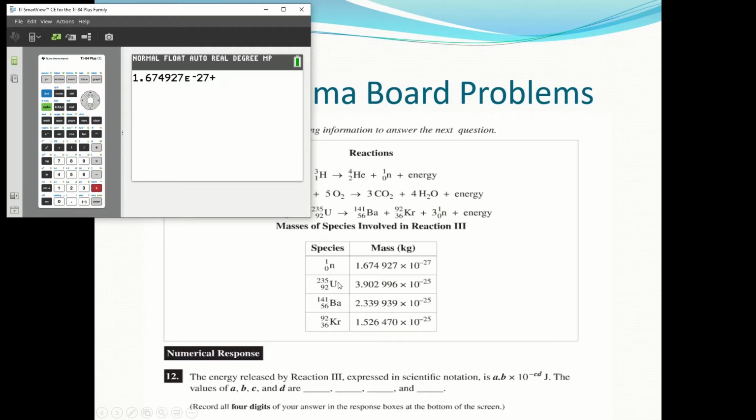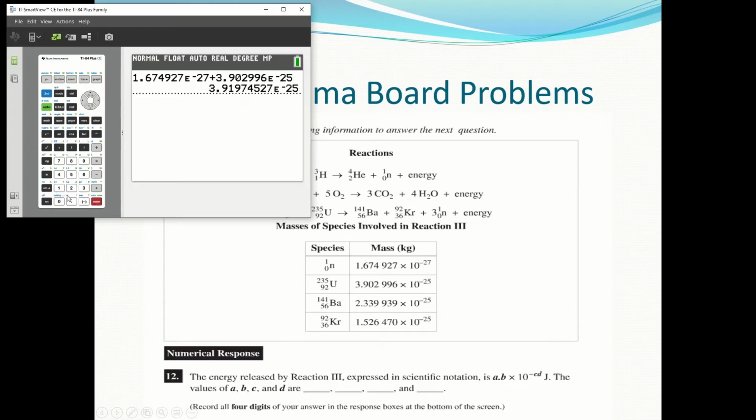And then we also have uranium-235, which is 3.902996 times 10 to the negative 25. Okay, so that's the total mass of my reactants.